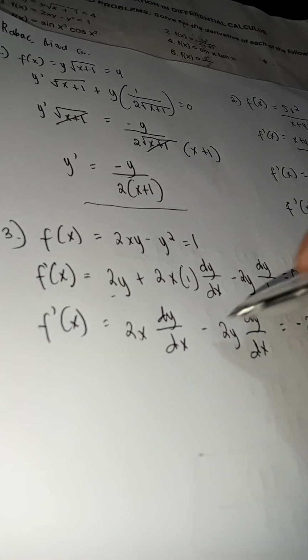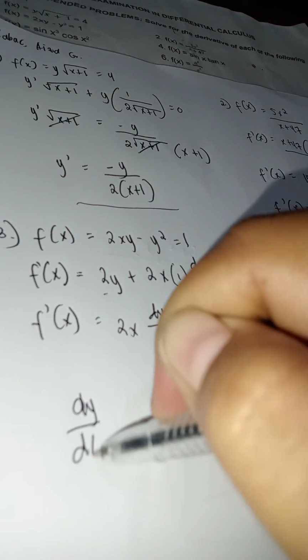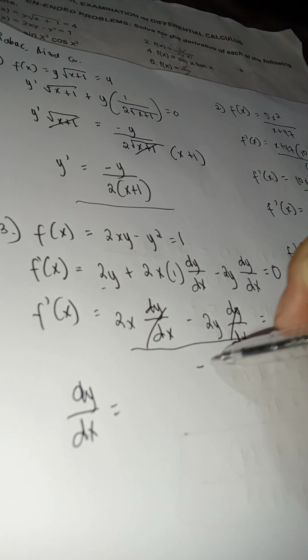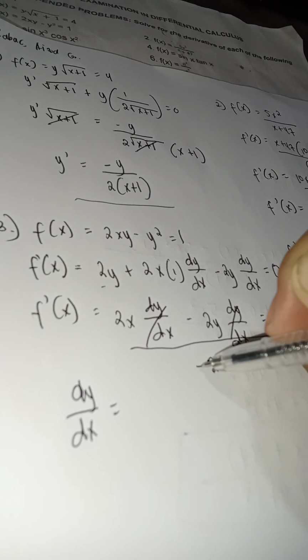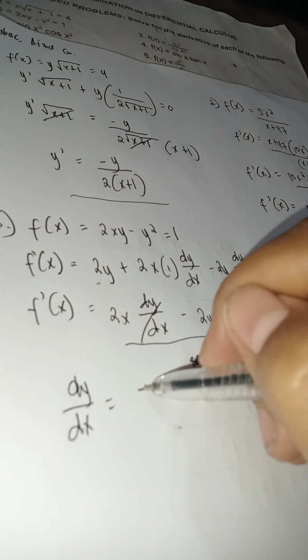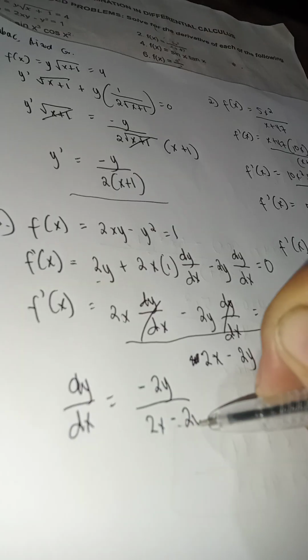So in order to get dy over dx, we divide both sides by 2x minus 2y. So we have negative 2y over 2x minus 2y.